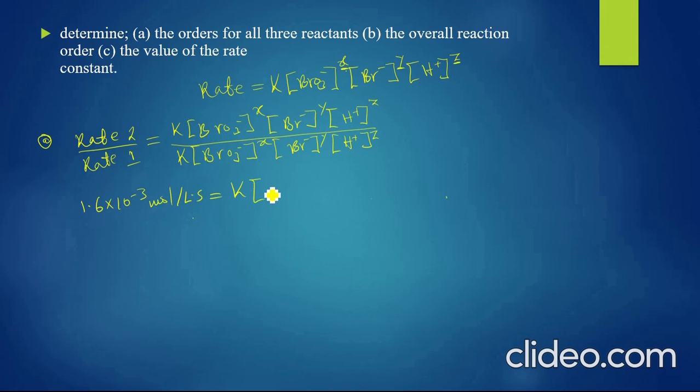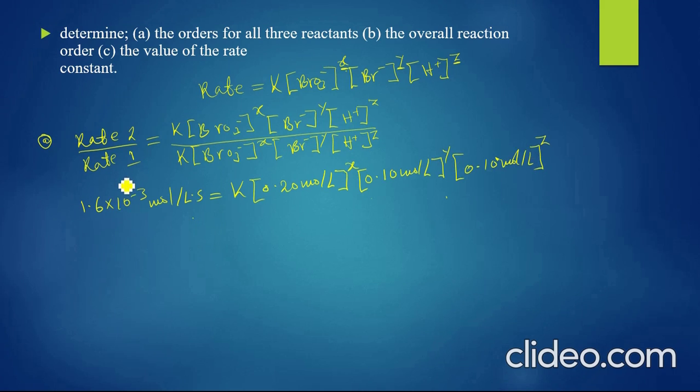It was given to be 0.2 mole per liter, raised to the X power, and then the initial concentration of the bromide ion is given to be 0.10 mole per liter according to the table. Then don't forget to raise it to the power Y. And then the initial concentration for the hydrogen ion is 0.10 mole per liter, which should be raised to the Z power.